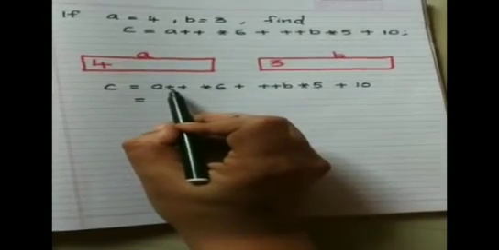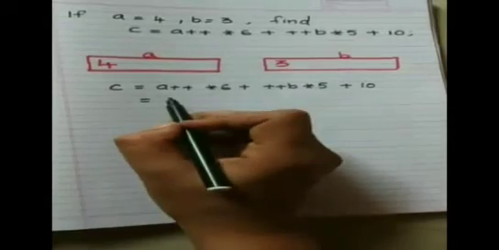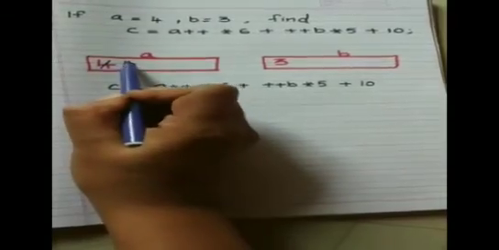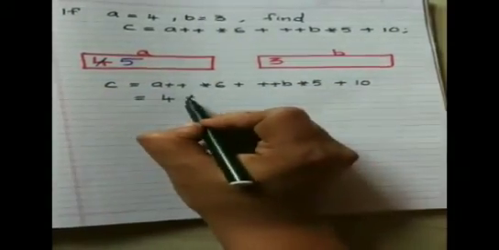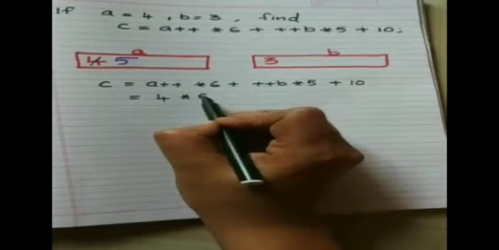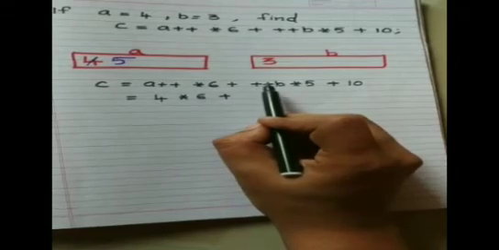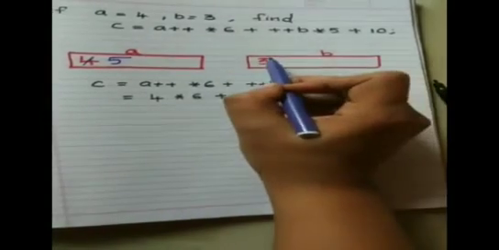Here A++ is a postfix, so take the value then change. So I am taking the value 4 and then I am changing it to 5, then into 6 plus ++B. ++B is a prefix, so you have to change then take.